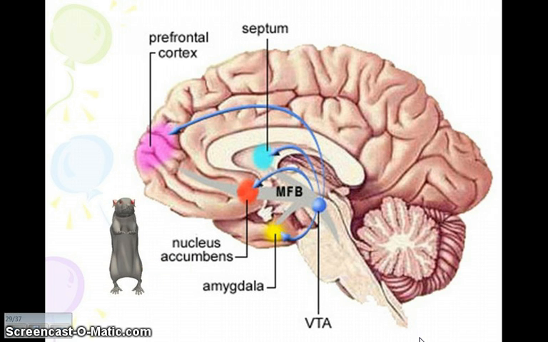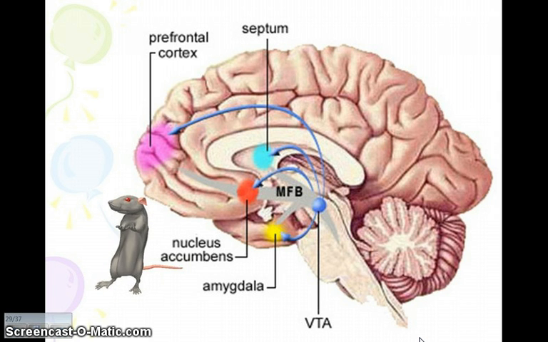What they found was that there were a lot of areas where the rats, when given the option of pressing a lever or pressing a button, would stimulate their own brain.